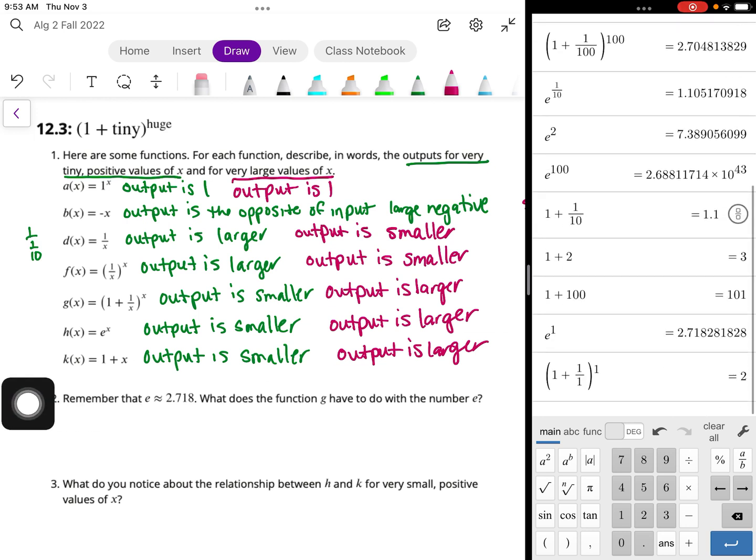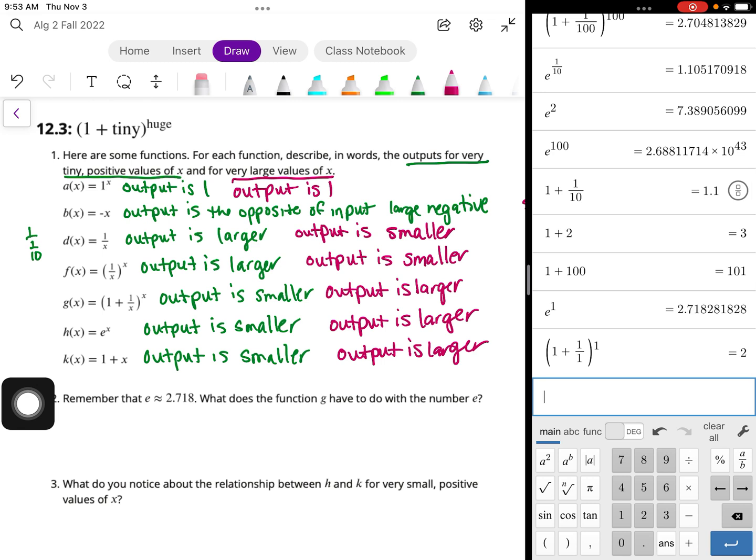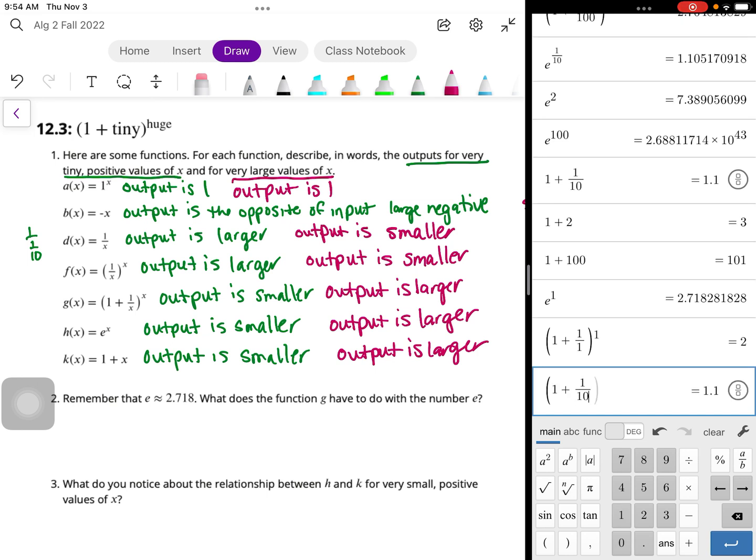Let's try putting in a really big number. We have 1 plus 1 divided by, let's say, 1,000,000. And then we're going to raise that to the power of 1,000,000. And look how close that is to e.